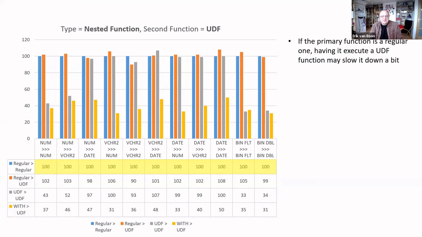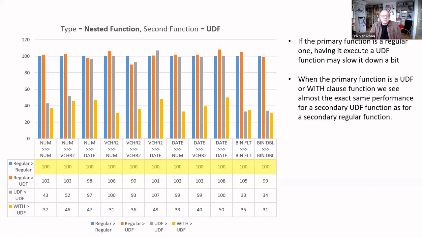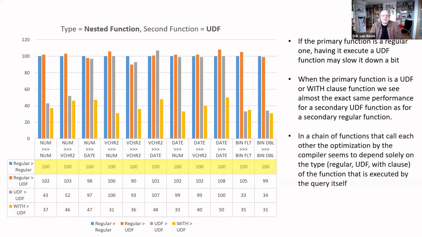So in a chain of functions, it seems that the first function in that chain defines what your performance gain will be. That defines the type of function that defines how the functions will be treated. At least that's what it seems.